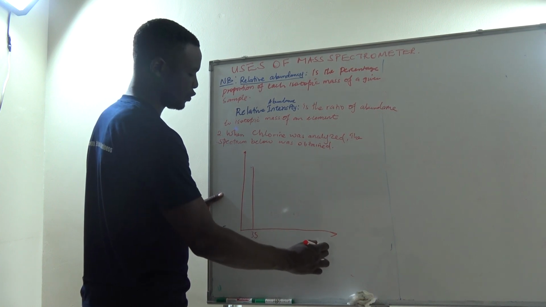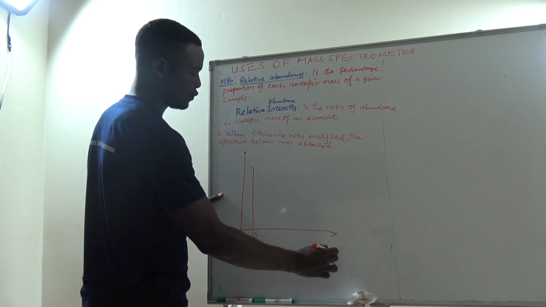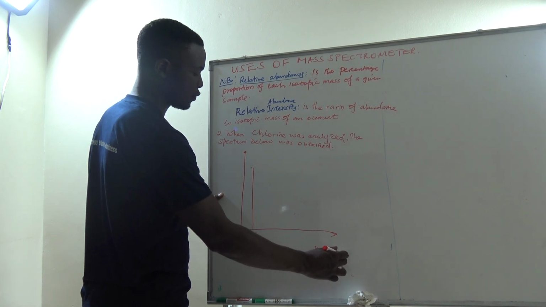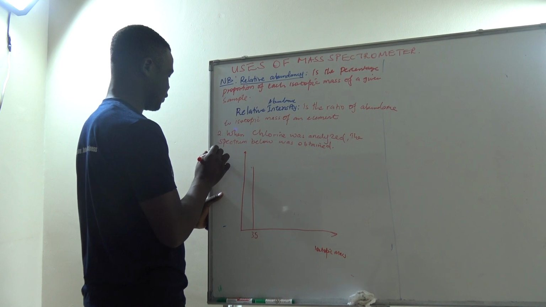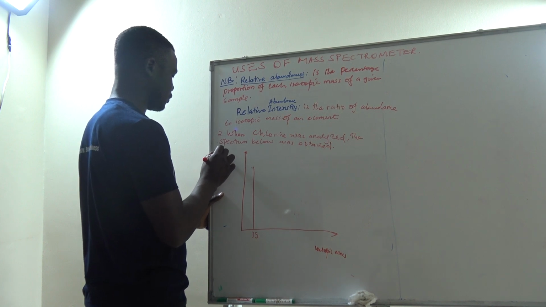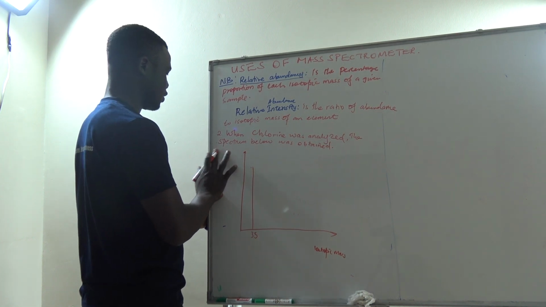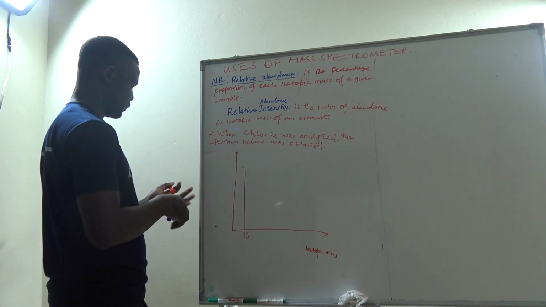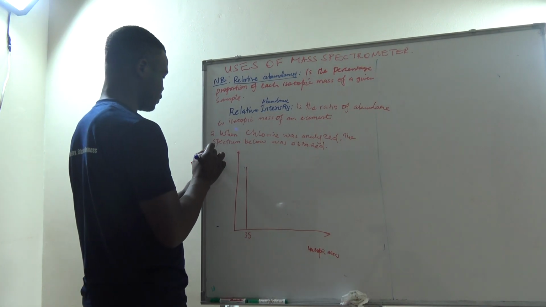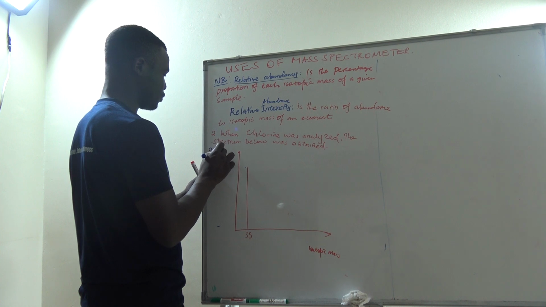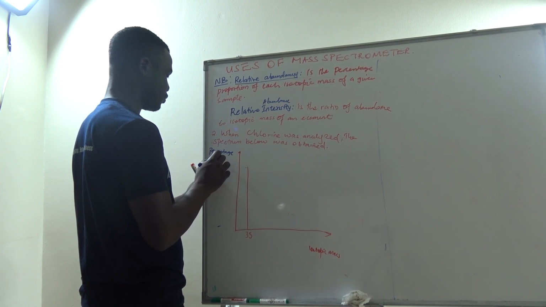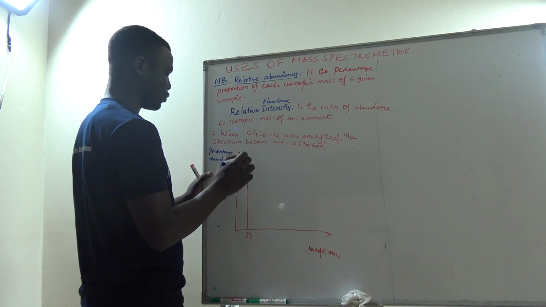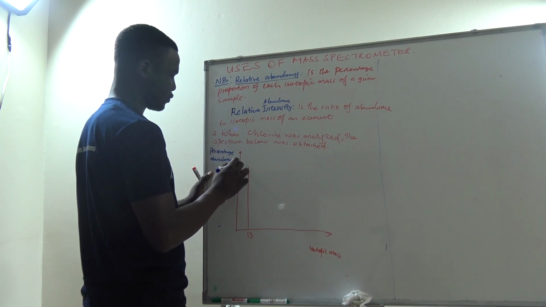This is isotopic mass. This is percentage abundance.